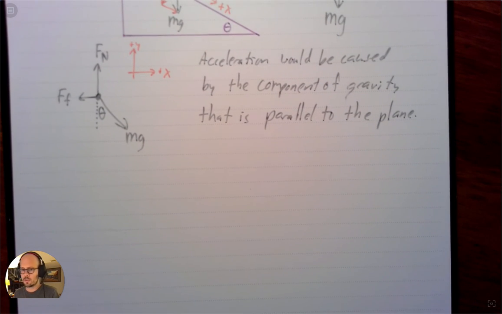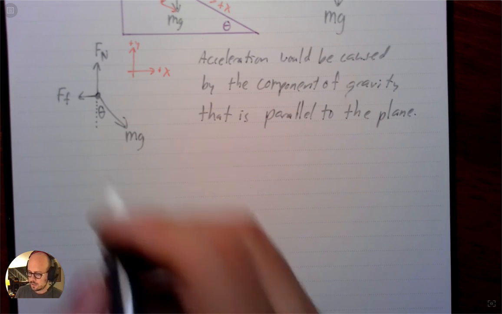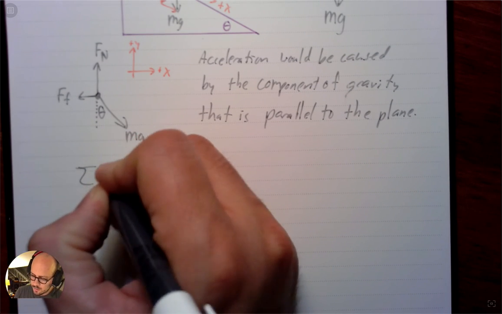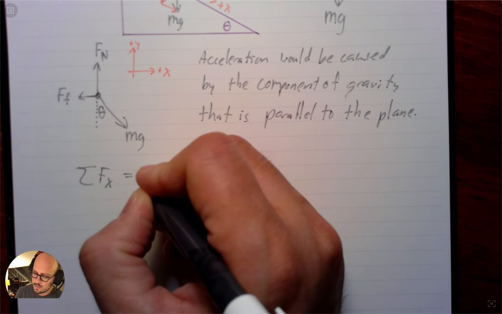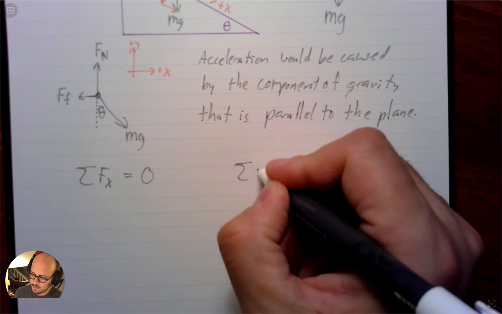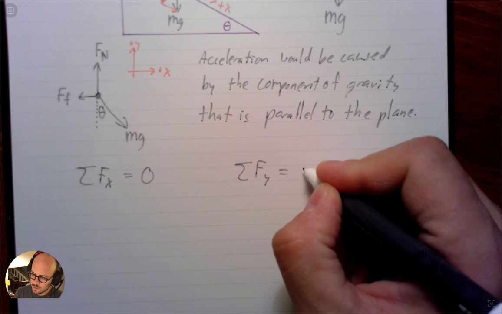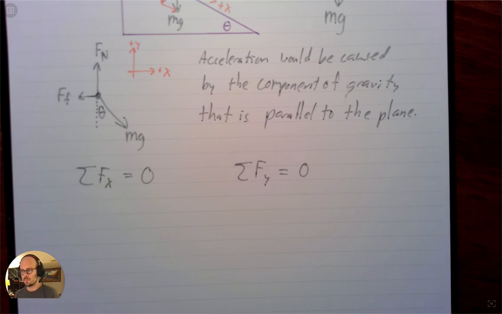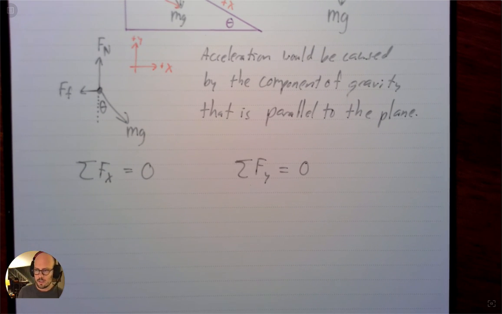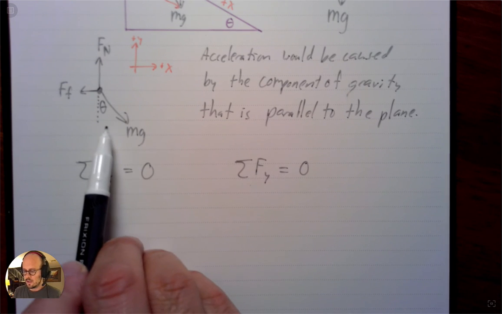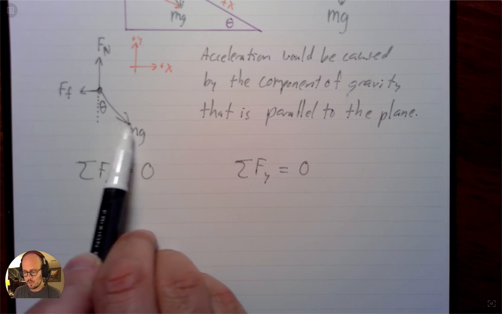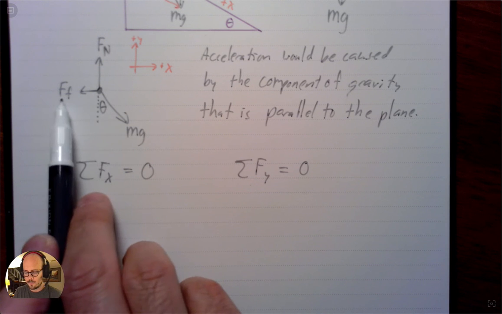Okay, so the other thing we're going to do is just Newton's second law, and so this will be kind of quick. There is a net force in the x direction. That's going to be equal to 0 because this object is at rest. And there's a net force in the y direction, and that is equal to 0 because that object is at rest. In the x direction, I have the x component of the weight, and then I have friction.